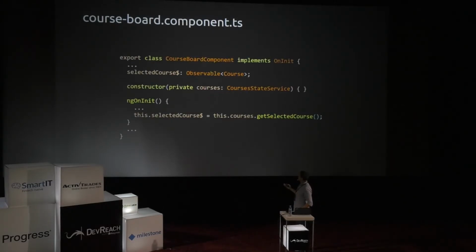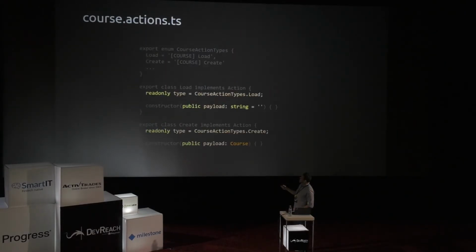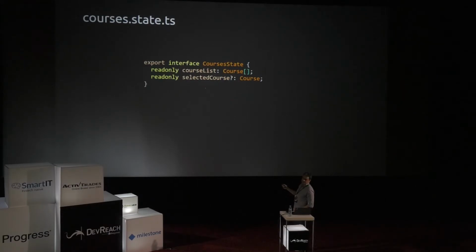So, for example, this is how our component works. This is our smart component, and it has subscribed to changes in our state. And this is part of the state where we store the selected course, which, if we go back, is exactly this property.